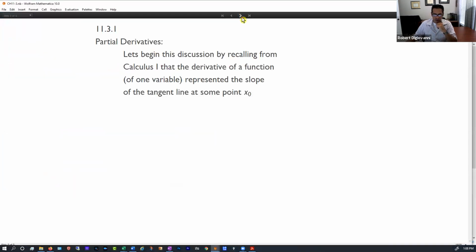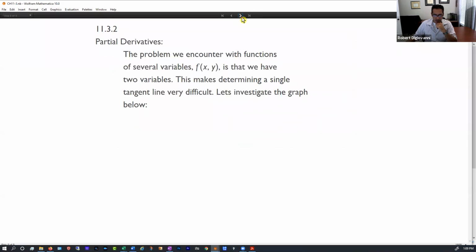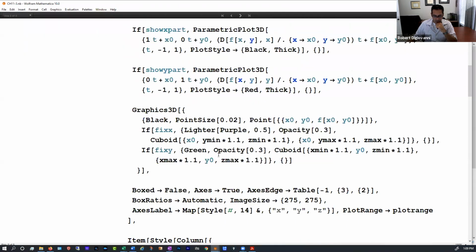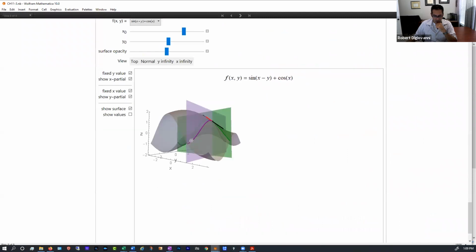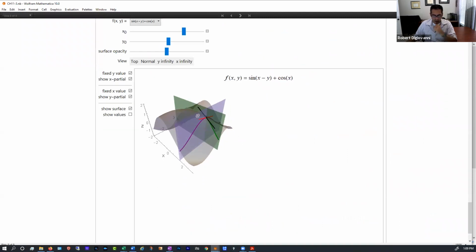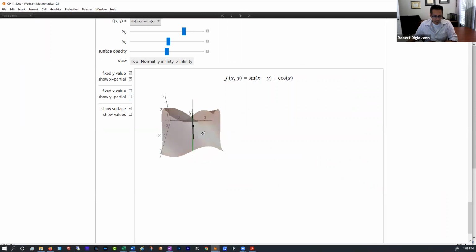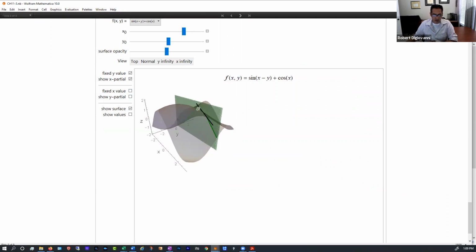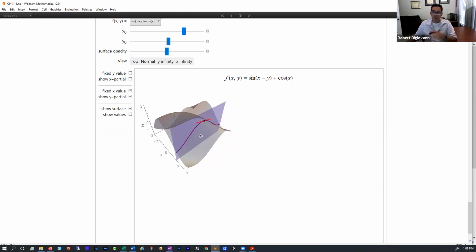Yeah, partial derivatives. So we had this idea that when we were on a surface, we could have a plane that's parallel to the XZ plane cut through it, and then look at the slope of that line, or we could cut it the other way with a plane that is parallel to the YZ plane and look at the slope of the tangent line there, right?